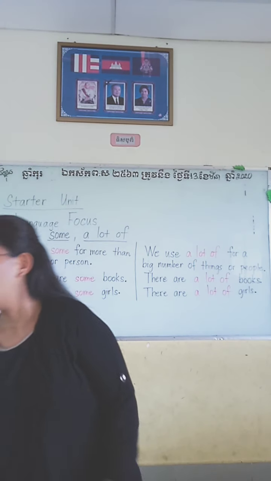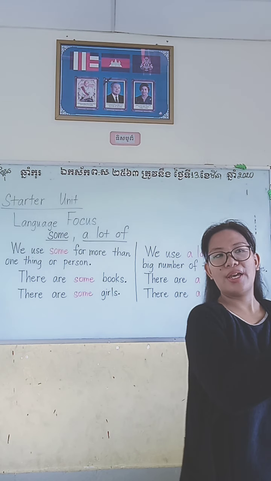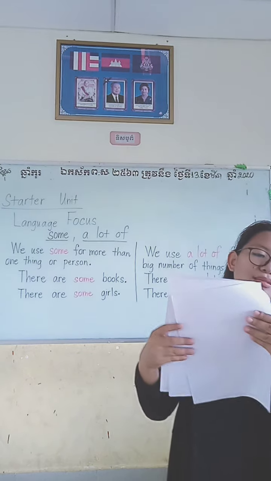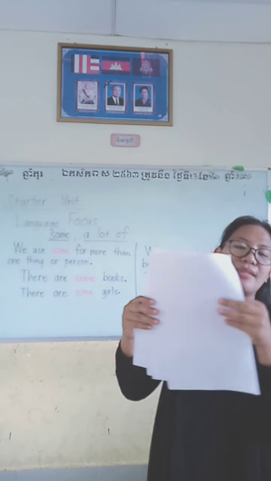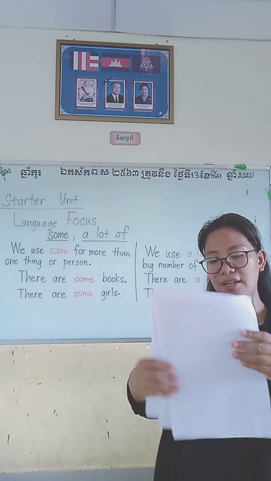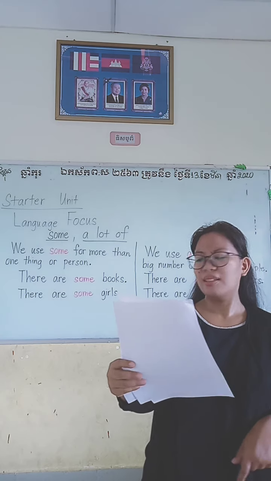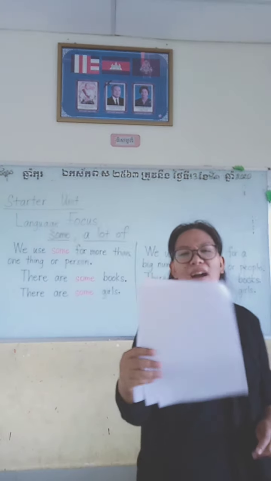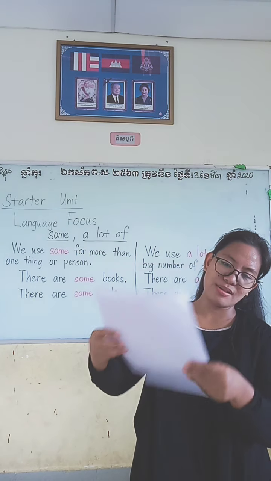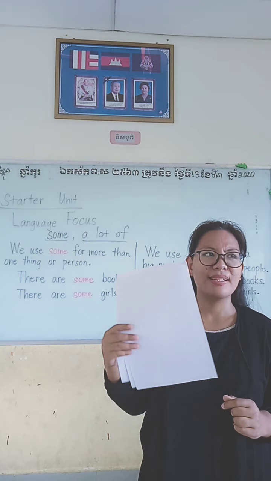Okay, so for this, I have paper here. Let's say this is 10 pages, back to back. So I'm going to answer: there are a lot of papers. Maybe 10 papers.